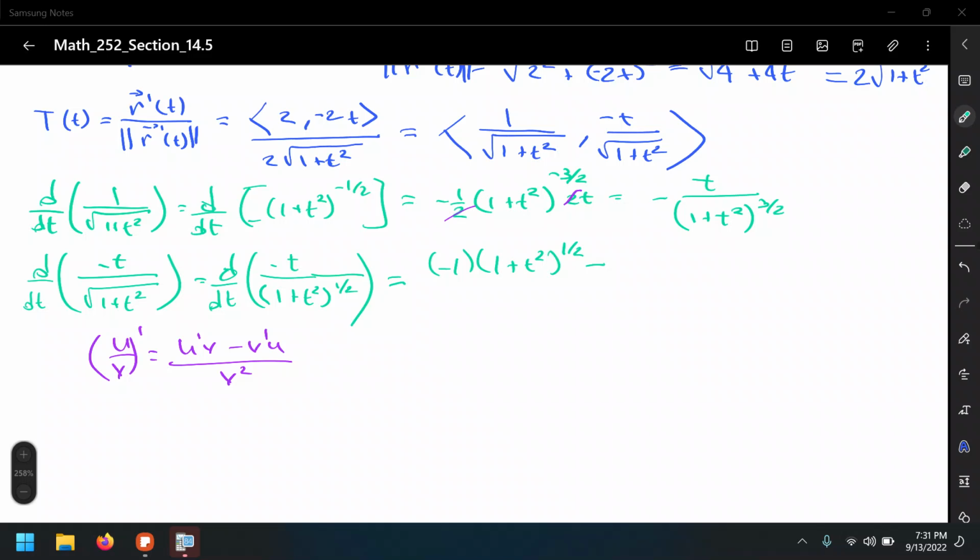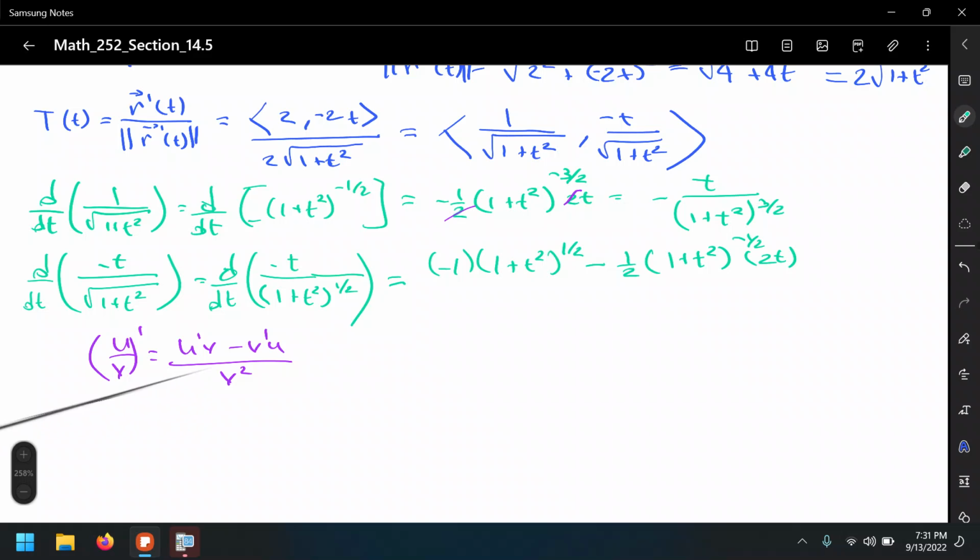And okay, so this requires a chain rule. That's a 1/2, and that's 1/2 times 1 plus t squared to the negative 3/2. Oh, actually, not the negative 3/2, to the negative 1/2, because it's the same in the denominator, times 2t. Alright, but that's just the derivative of the denominator.